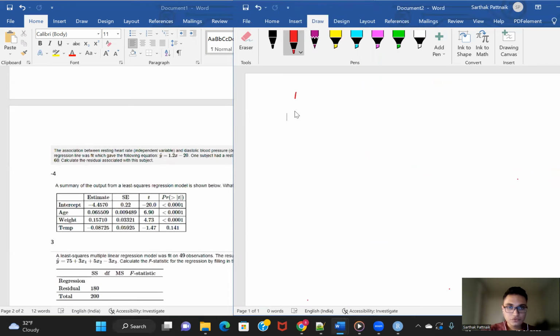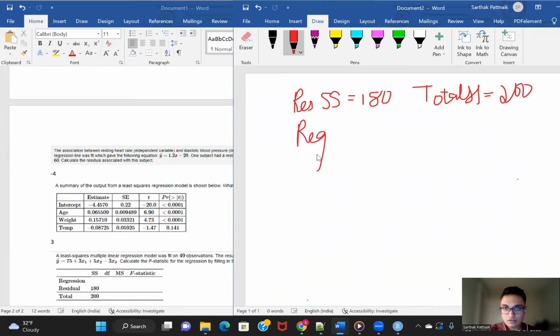You have been given residual sum of squares, 180. Total sum of squares, 200. What is regression sum of squares? Total sum of squares minus residual sum of squares, which is 20.